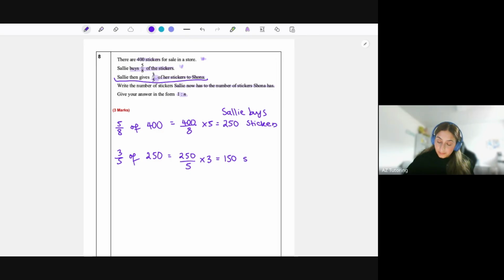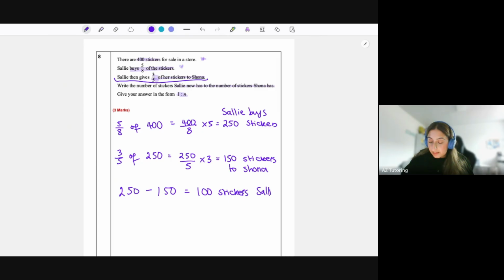So she gives 150 stickers to Shona, and Shona has that many now. If she's given 150 away, how much does Sally have left? She buys 250, she gives 150 away, so she's left with 100 stickers.